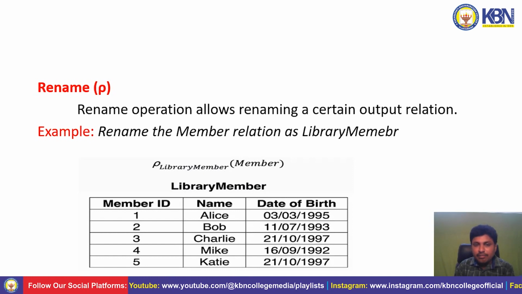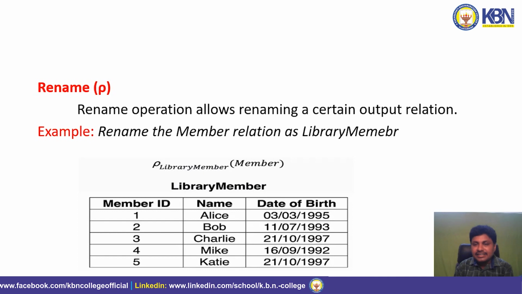And the next member is Bob, July 11th 1993. And next Charlie, member ID 3, October 21st 1997. Next member 4, Mike, September 16th 1992. Next 5 Katie, October 21st 1997.